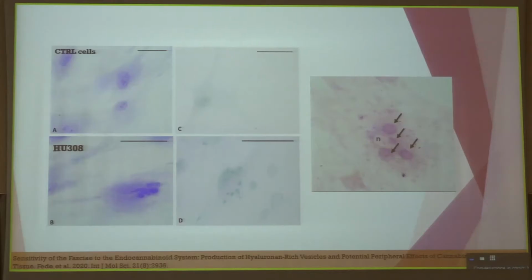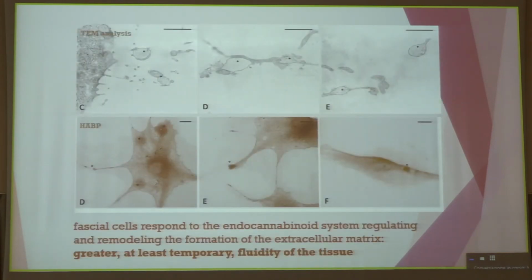The control cells have no production of vesicles, whereas the treated cells have a lot of vesicles inside the cell cytoplasm. We also use the transmission electron microscopy to highlight the production of these vesicles. This is an elongation of the cell with these vesicles very rich inside of loose connective tissue, and in particular hyaluronan.